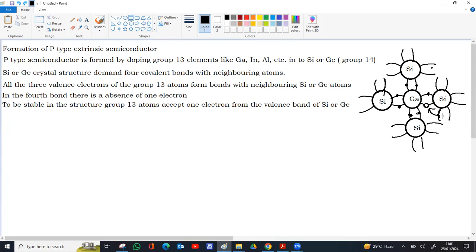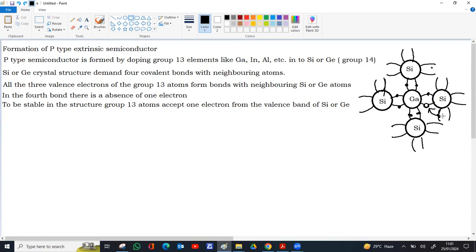Generally, the thermal excitation happening in silicon or germanium leads to the formation of free electrons and holes in pairs. But here, the electron coming from the valence band of silicon is moving into the valence band of the gallium atom. So there is no free electron.